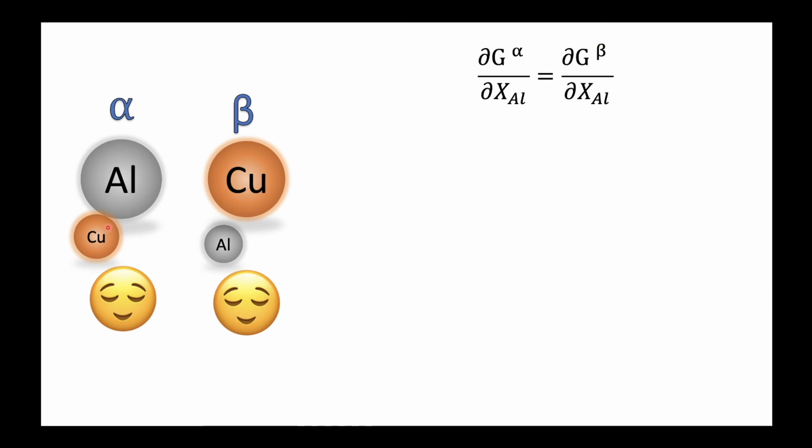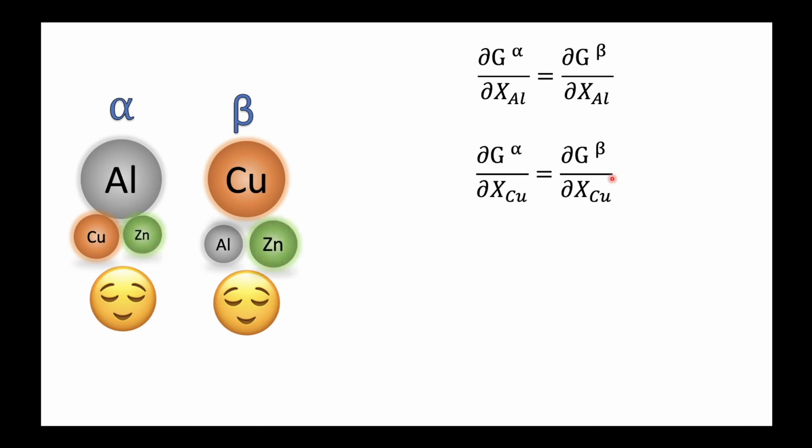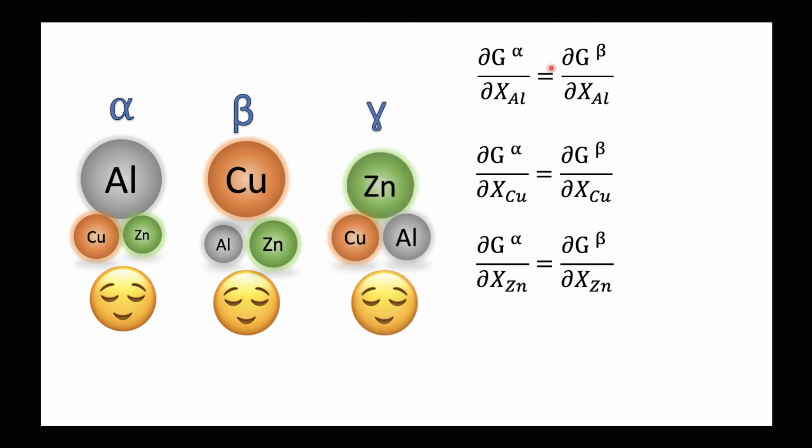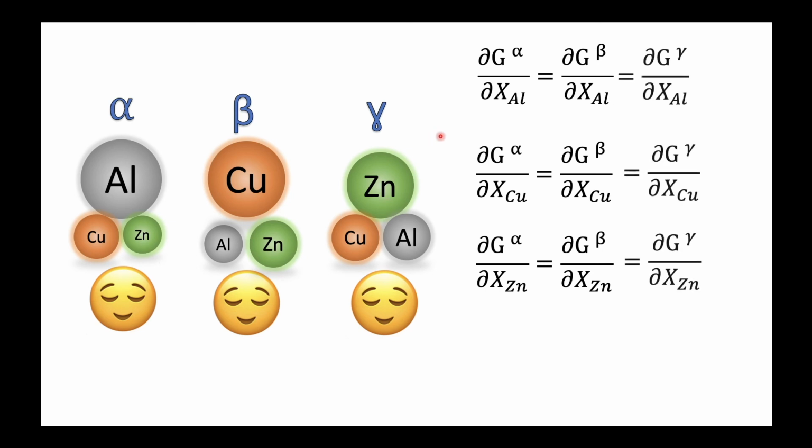And since there is also another component, the potential for copper should also be the same across the 2 phases. Now let's say there is another component called zinc in both of them, then you basically get another equation, which is that the potential of zinc should be the same in beta as well. So these are 3 equations for 3 components, and basically for each component you have one equation. Let's say there was another phase, gamma, which is also at equilibrium with alpha and beta, then in that case you have an additional equation saying that the potential of aluminum is also the same in the gamma phase as well.